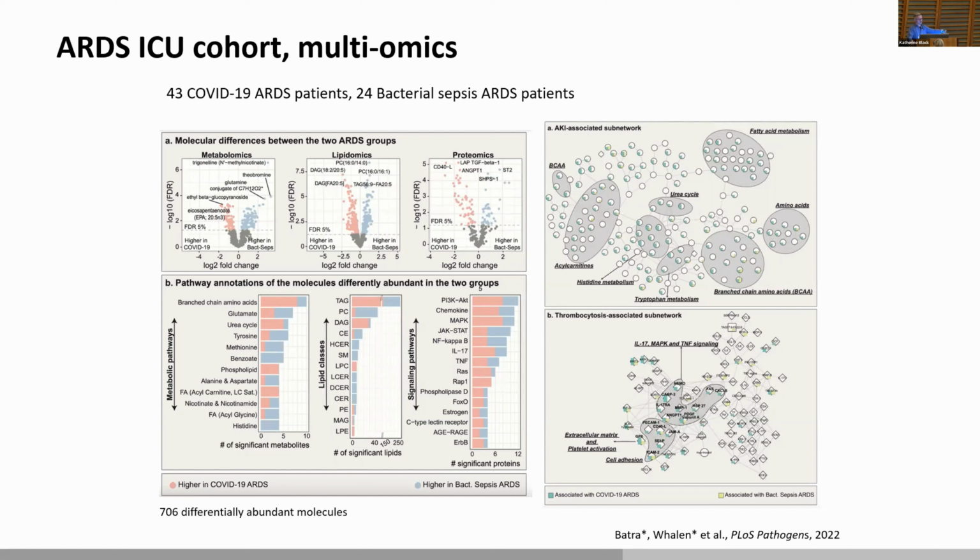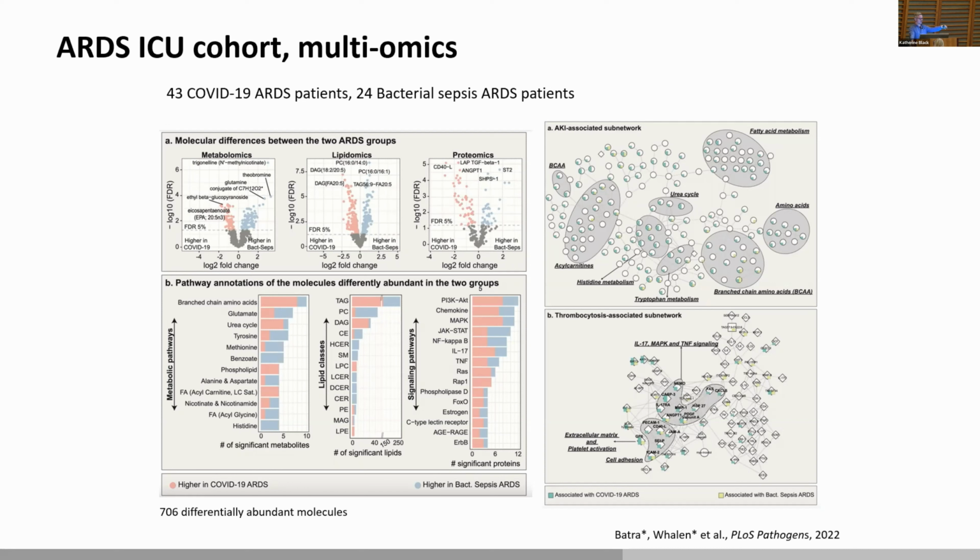And then on the right-hand side, draw your attention to B, the lower, the network. We then went inside of the COVID patients and complications they developed. One complication is thrombocytosis, a massive accumulation of platelets, a very bad side effect or comorbidity that occurs in these septic conditions.